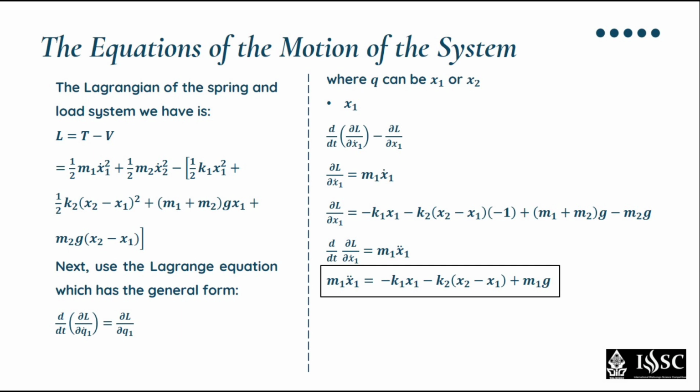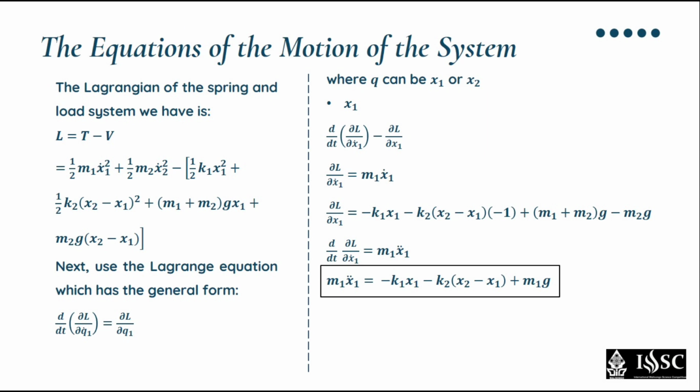Next, use the Lagrangian equation which has the general form d divided by dt of partial L divided by partial x dot k equals partial L divided by partial x k, where k can be x1 or x2.